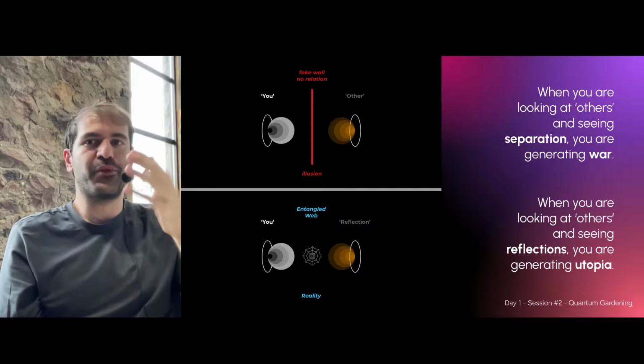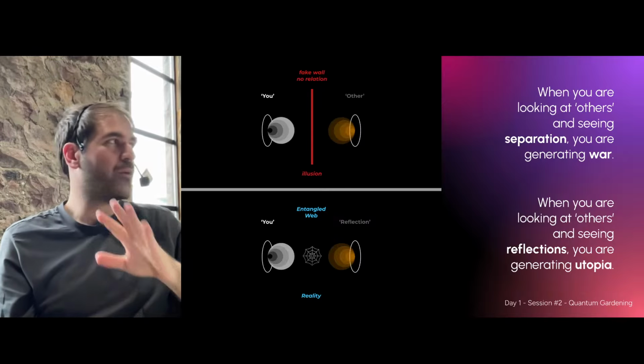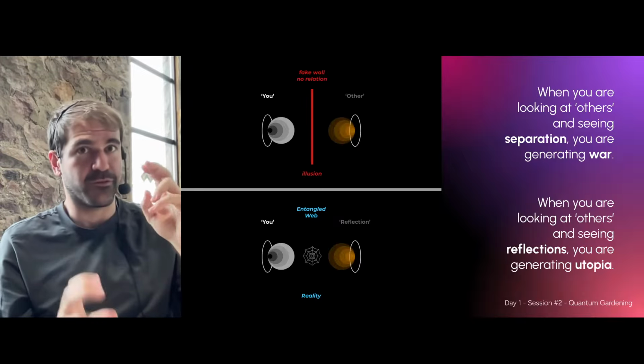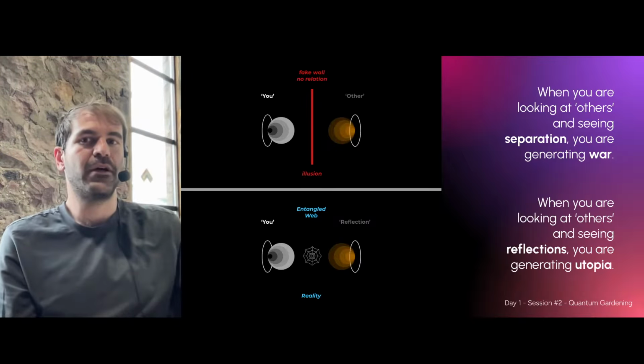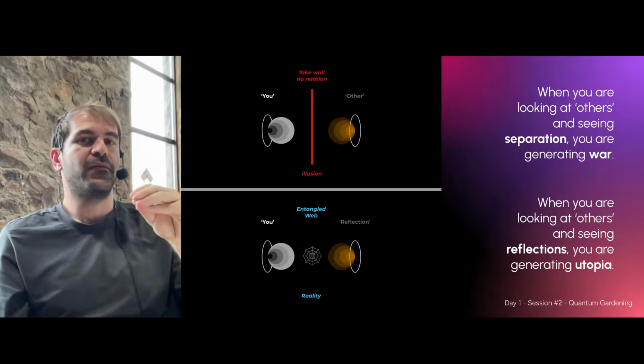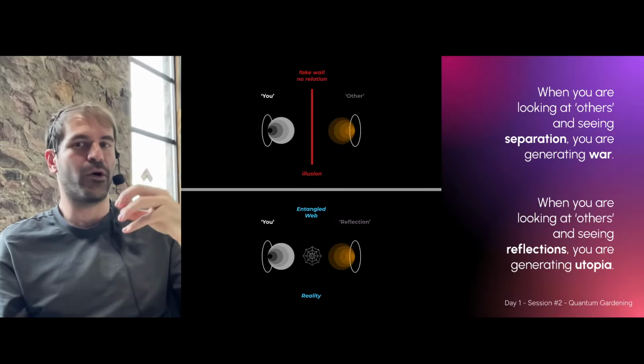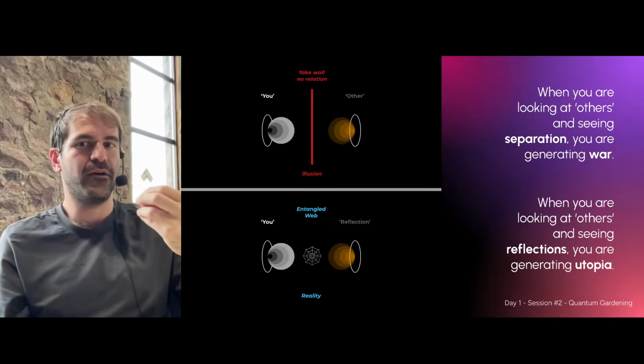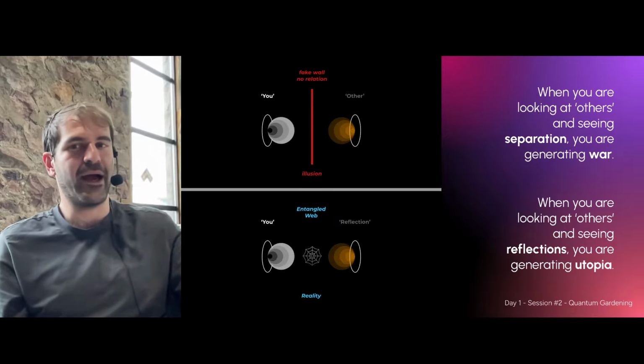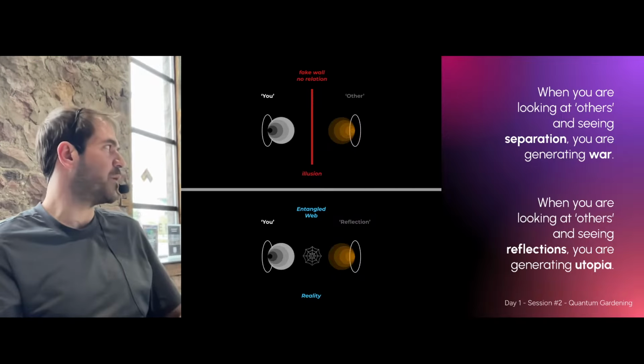If you put up this fake wall that you have no relation to that other observer portal, that's an illusion. But the moment that you start to see that it's a reflection, that's you behind those eyes also, that you are in an entangled singularity, that's capital R reality. And that's when you generate utopia.